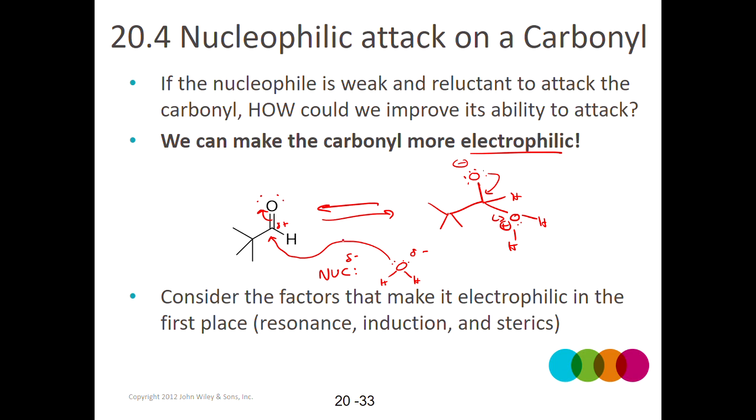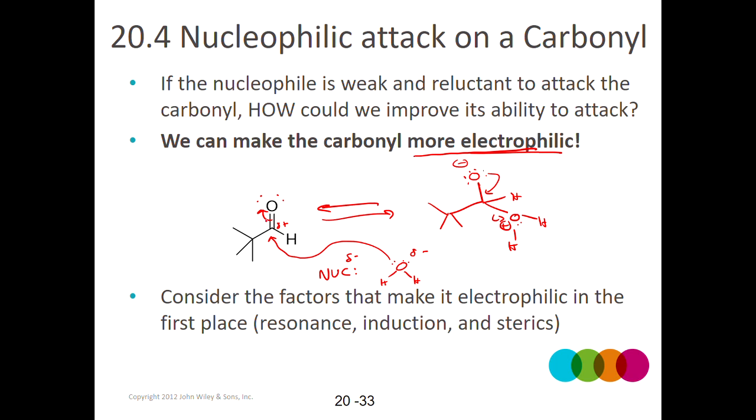So this is not a very likely process to occur. There is a strategy you can use to make it more likely for a nucleophile to attack, and that is to make the carbonyl more electrophilic. How do I make it more electrophilic?